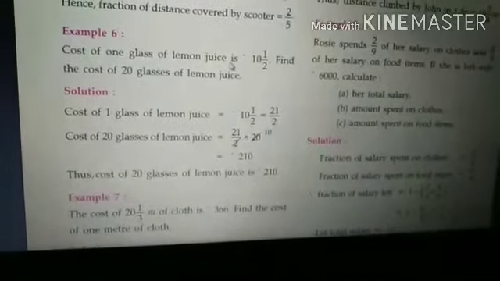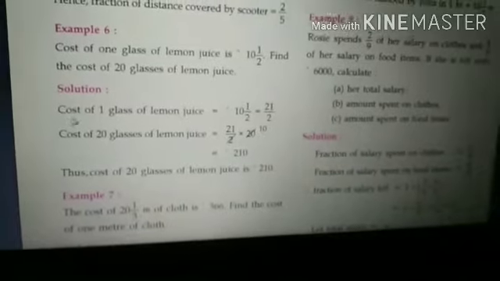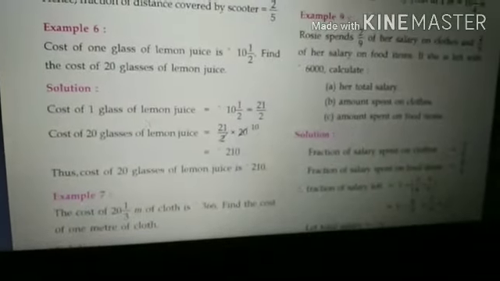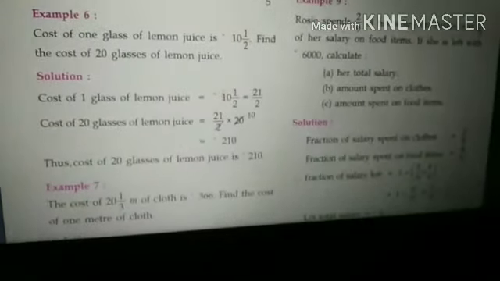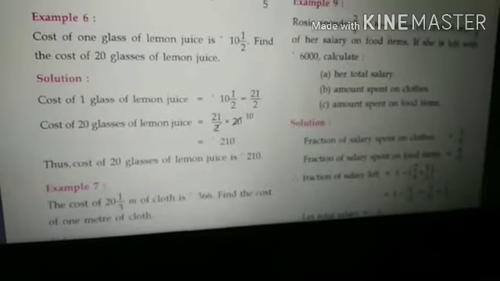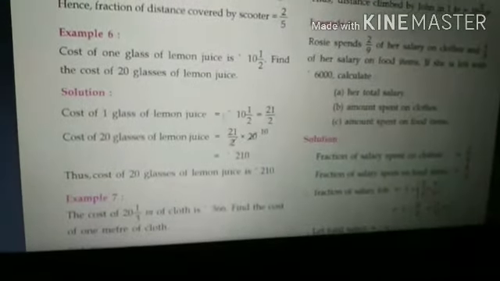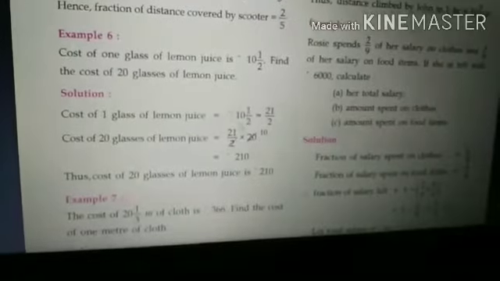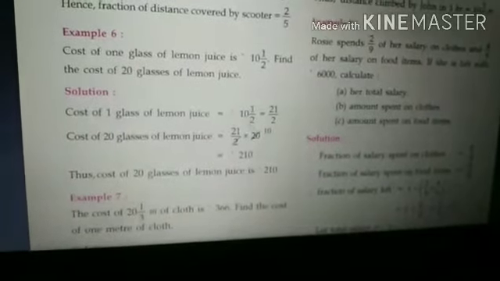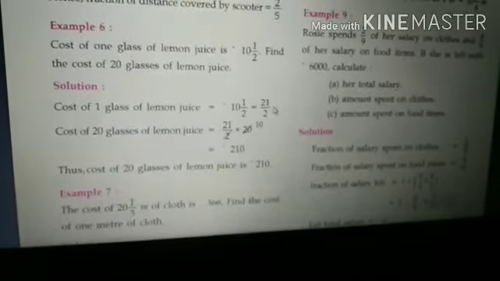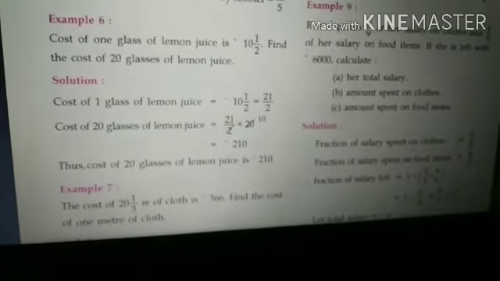Okay students, so in the solution, first of all we will write the cost of 1 glass of lemon juice is equal to 10 and 1/2. We will convert this mixed fraction into an improper fraction: 2 into 10 plus 1. 2 tens are 20, 20 plus 1 is 21, that is 21/2.